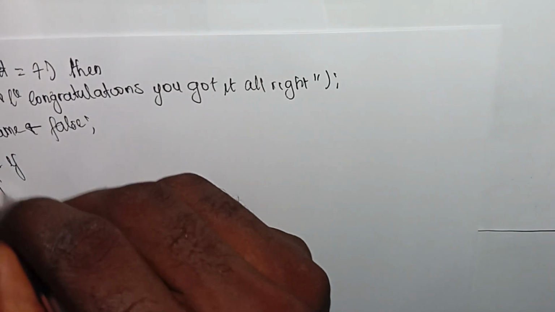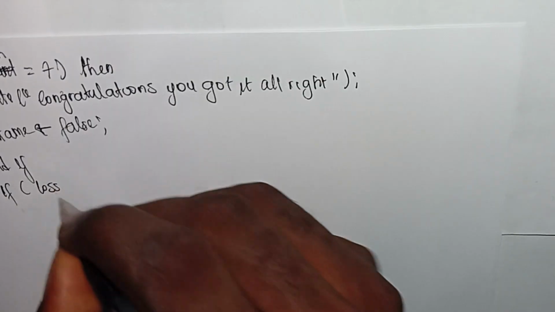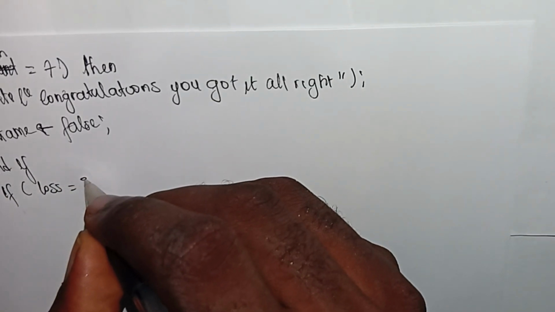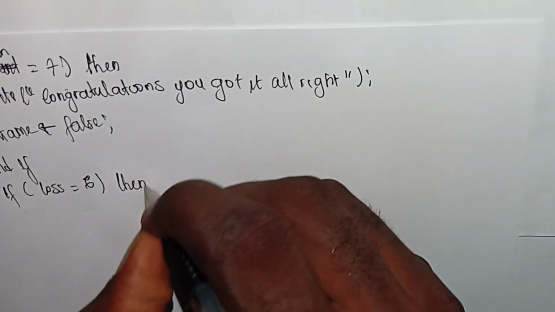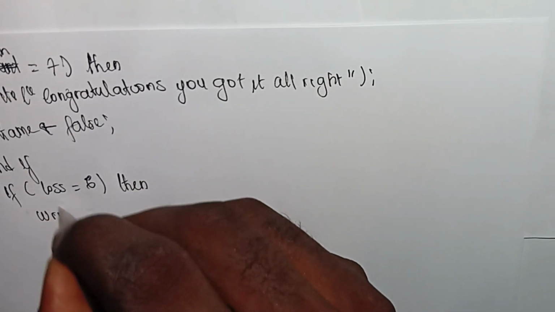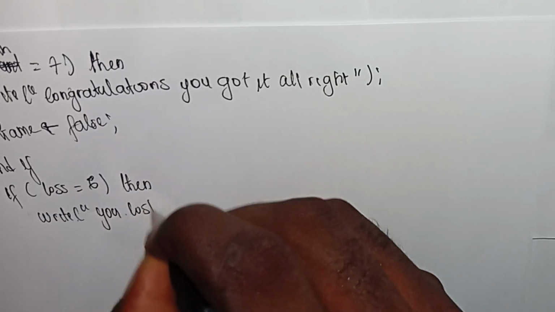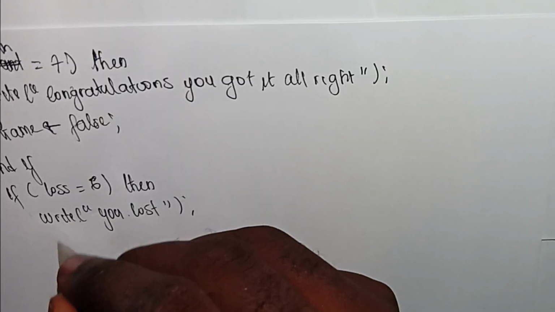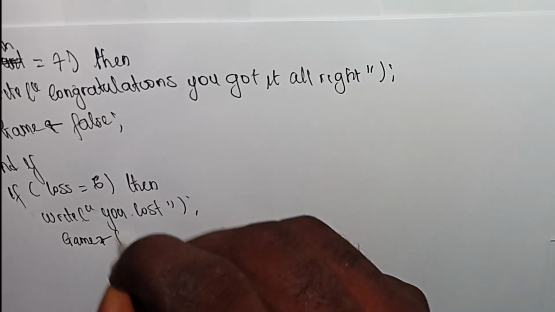And then we want to check the losing condition. If loss equals 6, because they said give them 6 trials, then write you lost. And we want to set game to be equal to false.